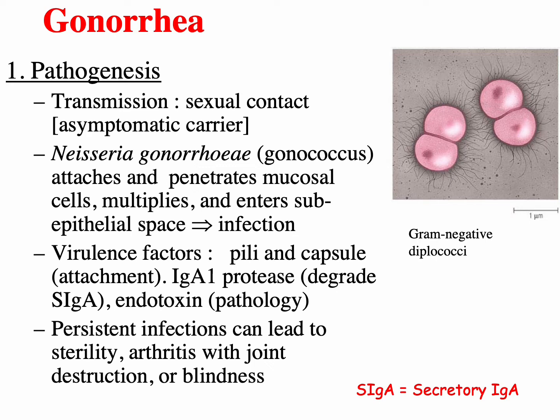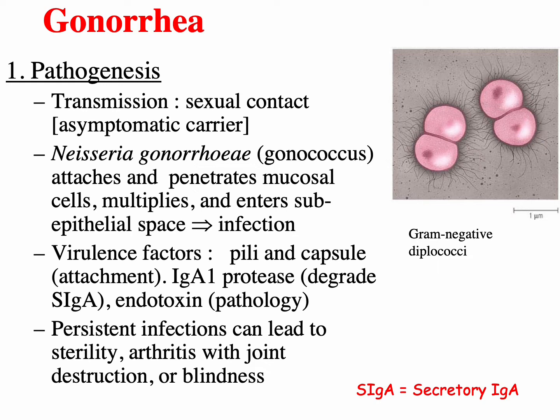SIgA will come and bind to them and prevent them from colonizing. Bacteria counter that by producing IgA1 protease. IgA1 protease is specific for the IgA1 antibody. Some of them also have an IgA2 protease.